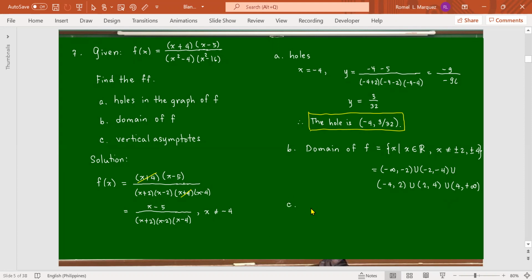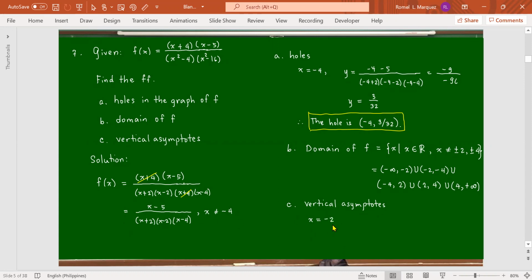For the vertical asymptotes, we look at the simplified. So vertical asymptotes. We have values of x that will make the denominator 0, we have when x is -2.